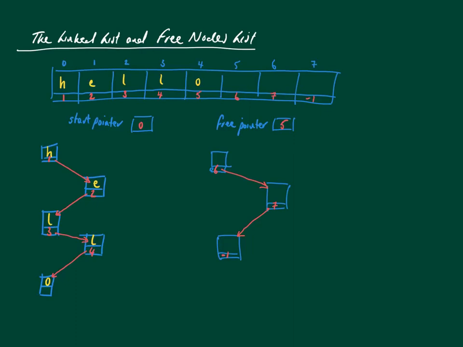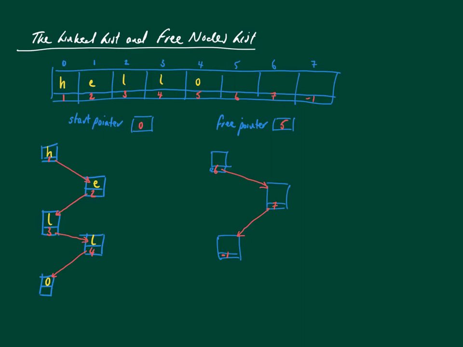But we don't want to implement our linked list like that. We want a list which just contains the components H, E, L, and O, and then stops, whereas the free nodes are a separate entity. So we separate them out.